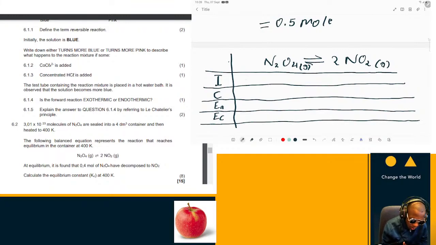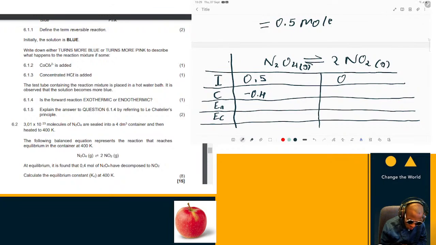So now, guys, here is our table. We have 0.5 moles of N2O4 initially, but when the reaction starts, we have 0 moles of the product, don't forget that. We have a minus, because it's a change. This minus stands for the change in the number of moles of N2O4, which is 0.4.